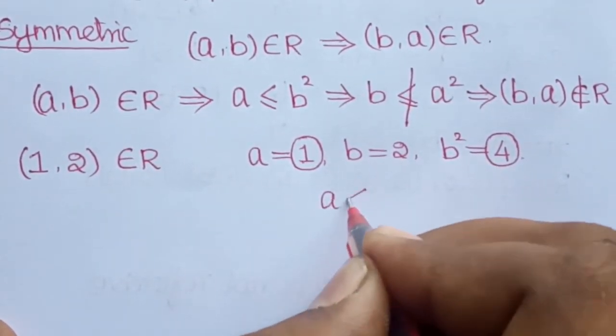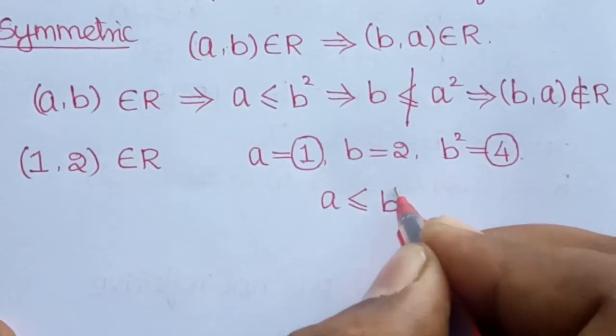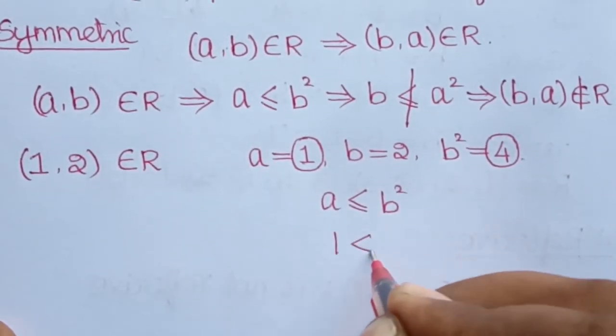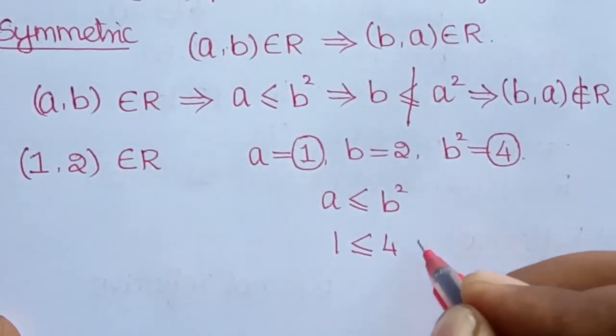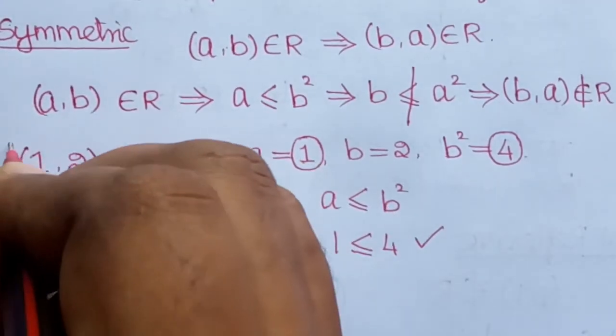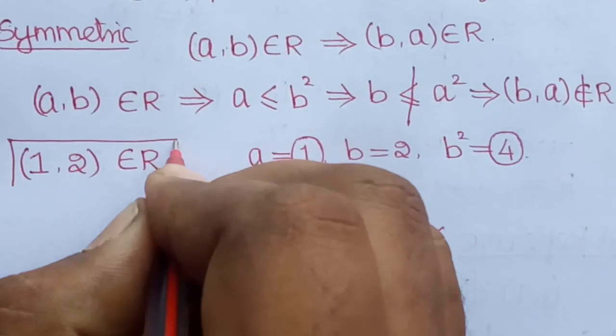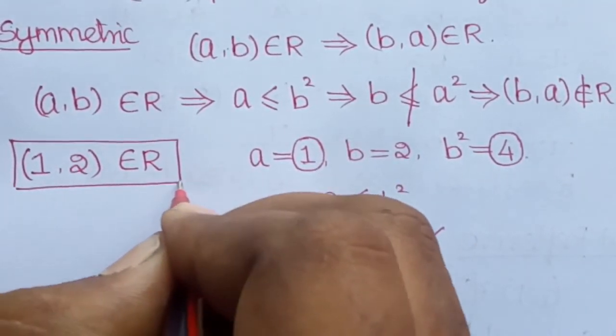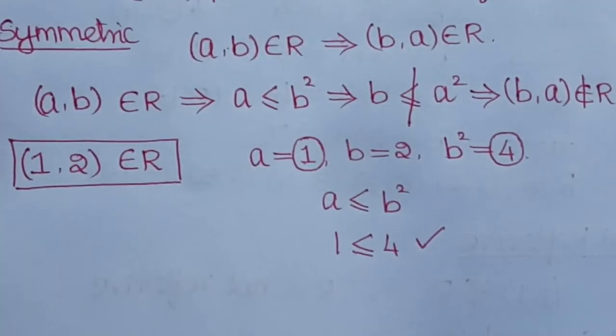So the A value is less than or equal to B square. 1 is less than or equal to 4, so it is true. It satisfies the condition. Therefore (1, 2) belongs to R.